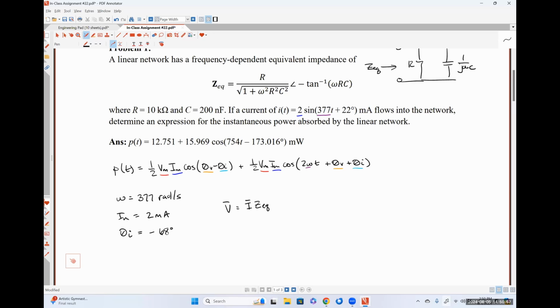So I would like for you guys to take a moment and plug in R equal to 10 kiloohms and C equal to 200 nanofarads and tell me what the magnitude of my impedance is going to be. Nano is times 10 to the minus ninth, by the way.